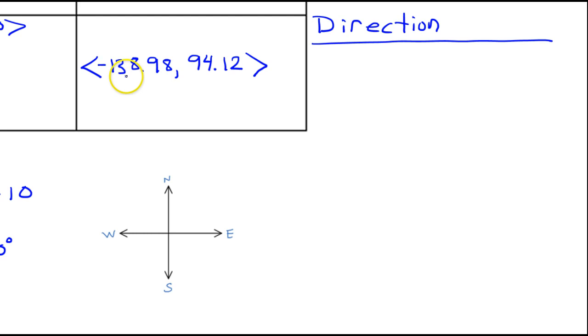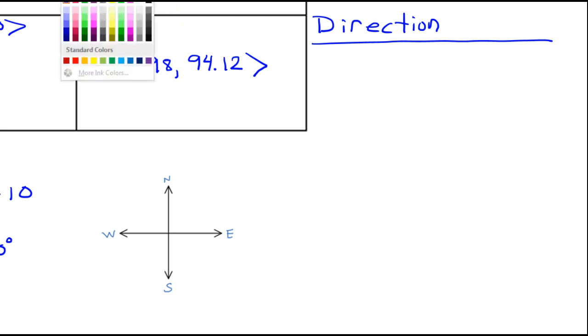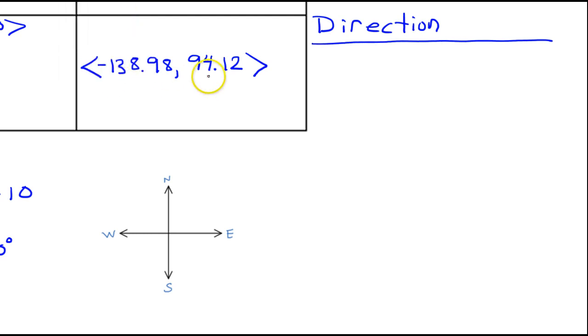Notice that the horizontal component is negative while the vertical component is positive. That means on this graph we are left and up. So we're in the second quadrant. So go ahead and draw your vector into the second quadrant. And now let's break that apart into its vertical and horizontal components.